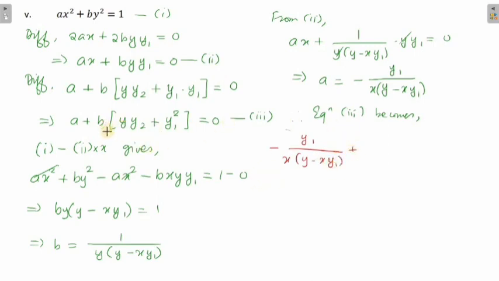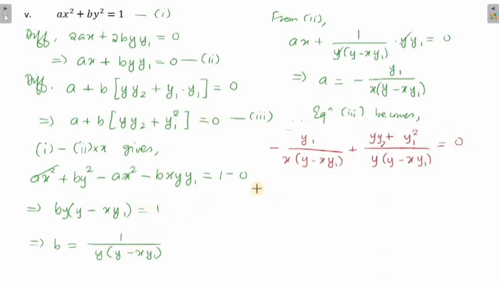So what is b? B is 1 by y into y minus x y1, and we have into this one, so this can be written in the numerator, isn't it? So it becomes y y2 plus y1 square equals to 0.